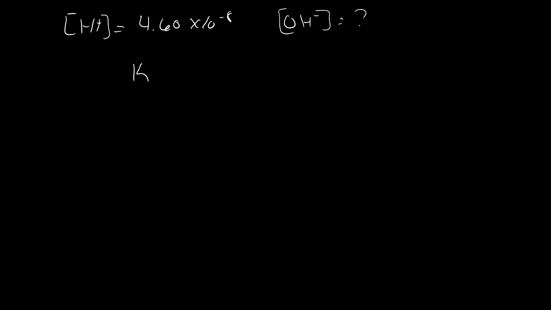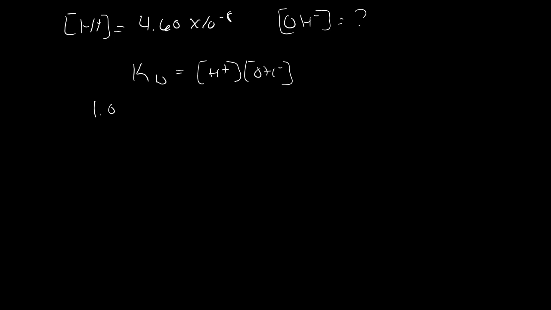So an example of that is if you have a hydrogen ion concentration of 4.60 times 10 to the negative 8th. Okay, so what is going to be your hydroxide ion concentration? Well, we know Kw equals H plus times OH minus, right?